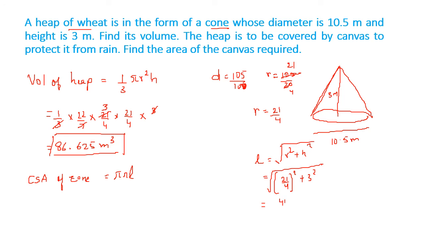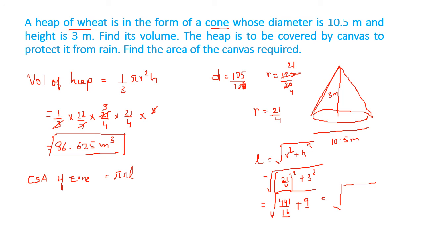We have got 441 upon 16 plus 9, equal to under root, 16 9s are 144. 144 plus 441.